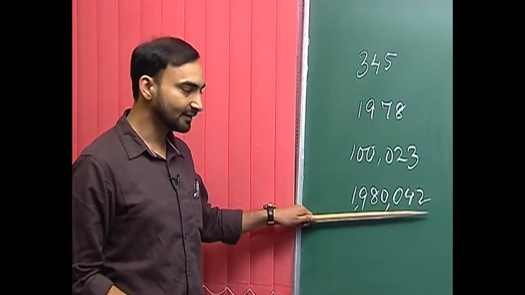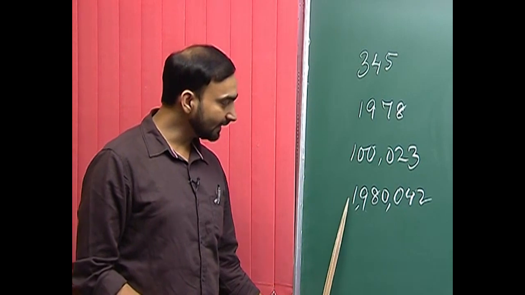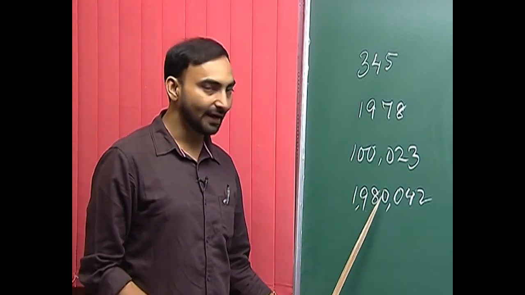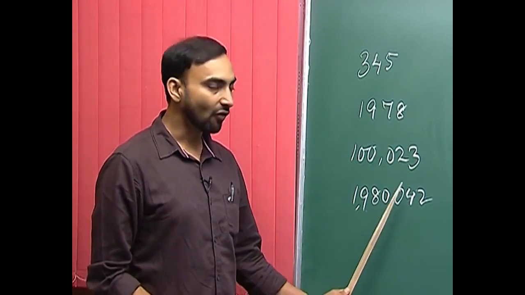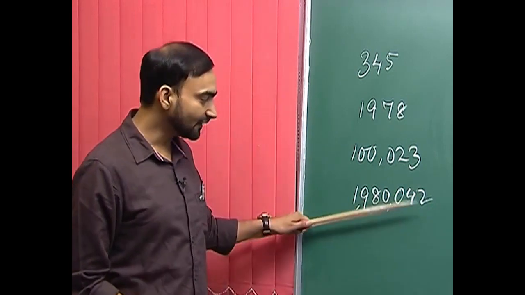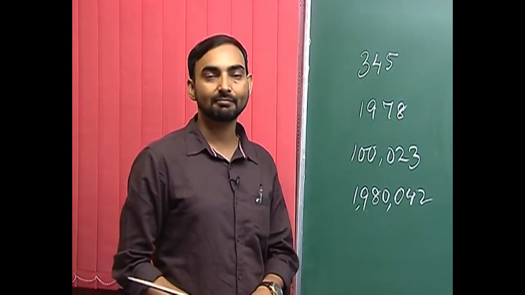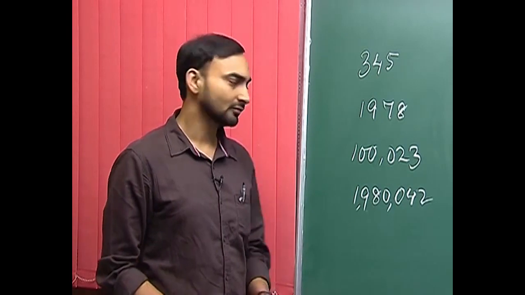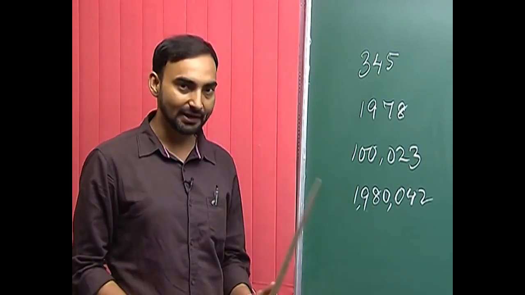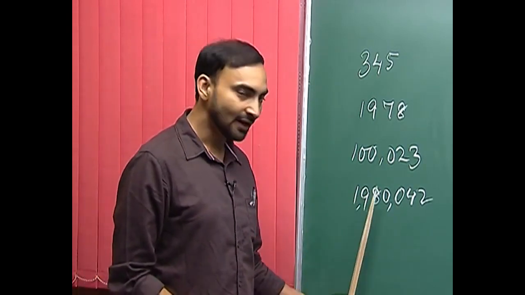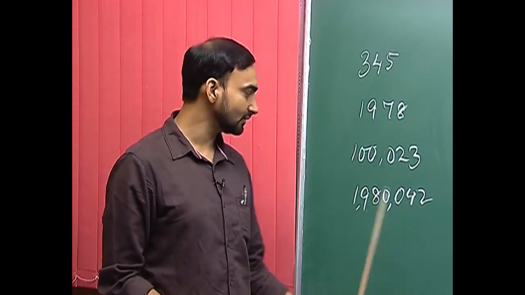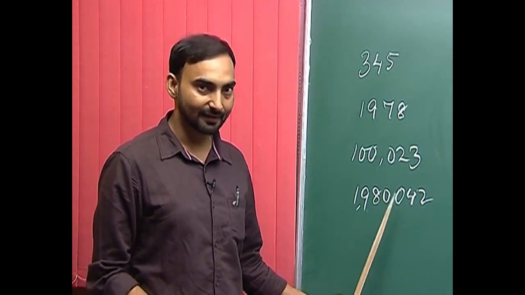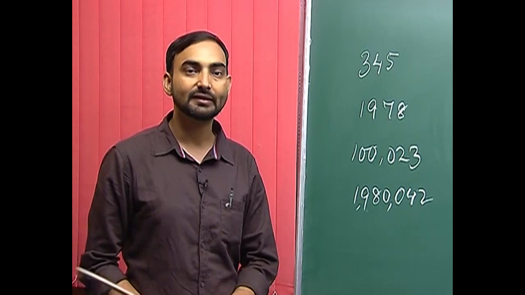The next number is 1,980,042. So, let us start with 1 million. How do you say million? Million. 1 million. 900 is 900. 80 is 80, and again we will use 1000.